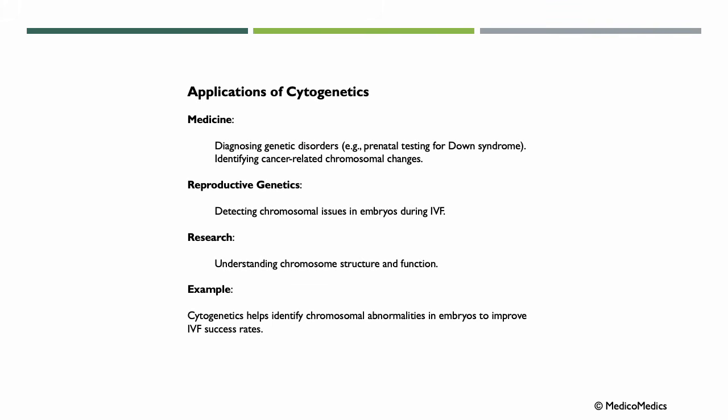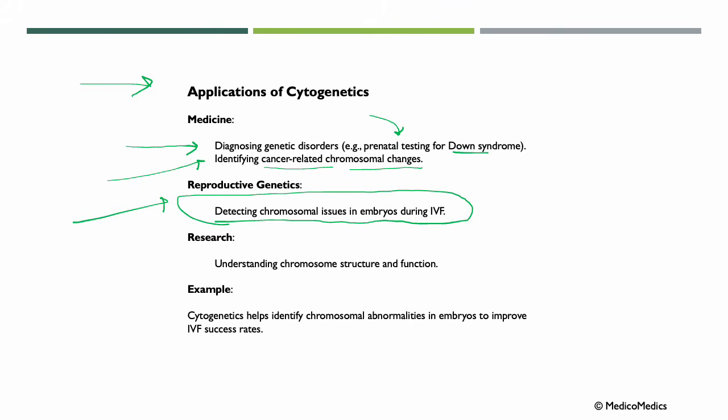What are some applications of cytogenetics? Well, in medicine, we use it to diagnose genetic disorders, for example, prenatal testing for Down syndrome. It helps us identify cancer-related chromosomal changes. It's used in reproductive genetics, detecting chromosomal issues in embryos using IVF. In research, it helps in understanding chromosome structure and function.